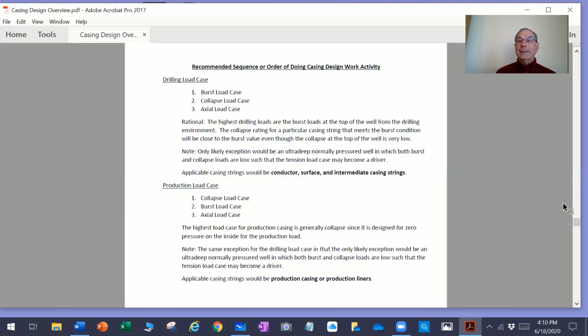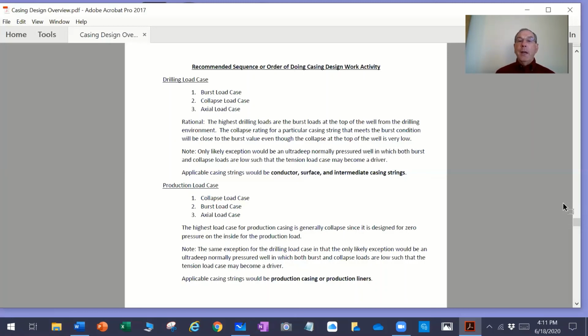The only exception that I can think of that I've ever had in which tension load was a driver, is on a normally pressured ultra deep well. So if you were to drill a 20,000 foot well with 9 pound per gallon mud, it would have a bottom hole pressure of about 10,000 pounds. It's about a half a pound per foot.